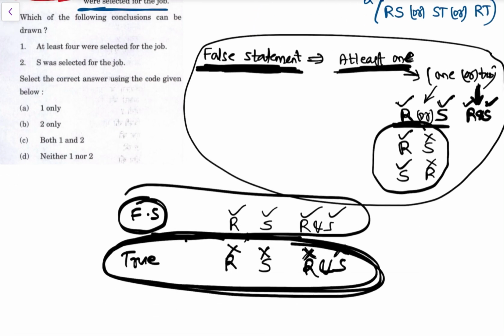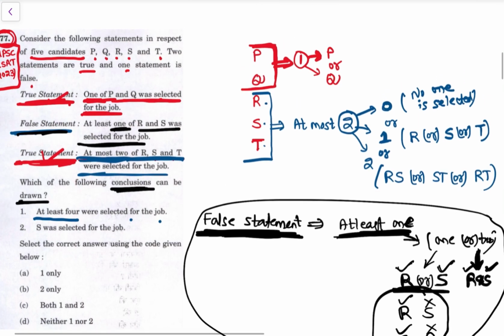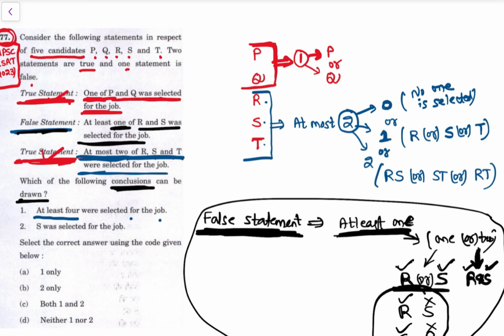Now we need to see which of the following conclusions can be drawn. Conclusion: at least 4 were selected for the job. If we see here, among P and Q, either P is selected or Q is selected, so only one is selected.